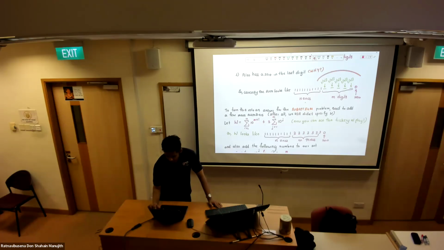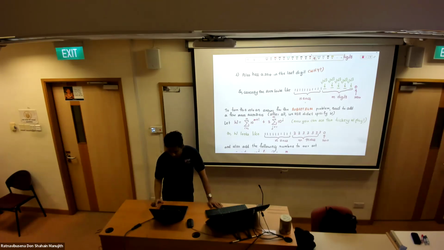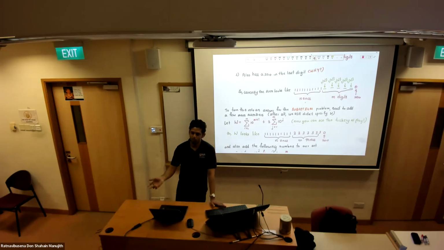Depending on what this number becomes after you add your AIs and BIs, you may need to add either CJ or both CJ and DJ to get it to 3 here. Because these numbers are either 1, 2, or 3 after you add up your AIs and BIs, but you need 3, 3, 3, 3, 3. So depending on whether it's 1, 2, or 3, you may need to add only CJ, or both CJ and DJ, or even none. If it's already 3, you don't need to add anything. If it's 2, you need to add CJ. If it's 1, you need to add both CJ and DJ.